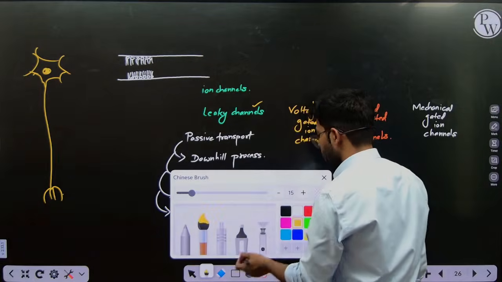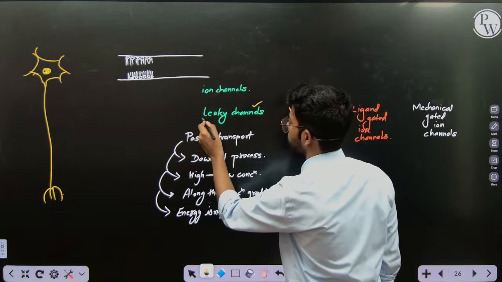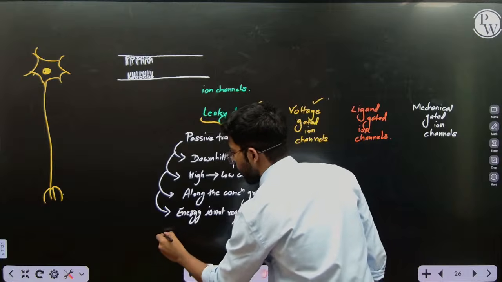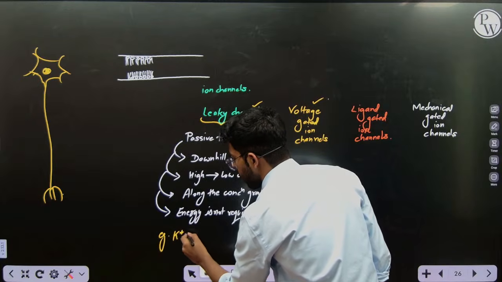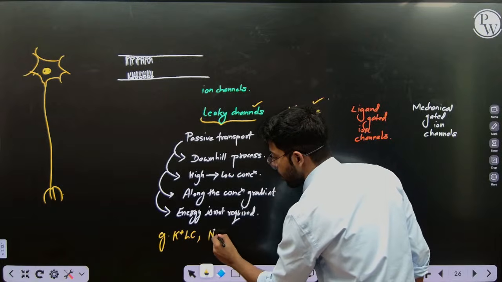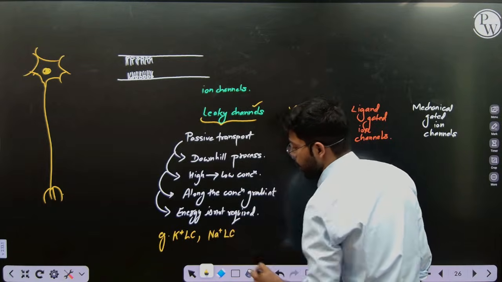And the examples of these leaky channels are potassium ion leaky channel or sodium ion leaky channel.